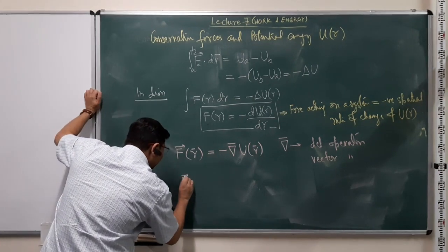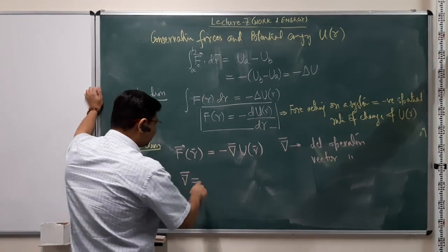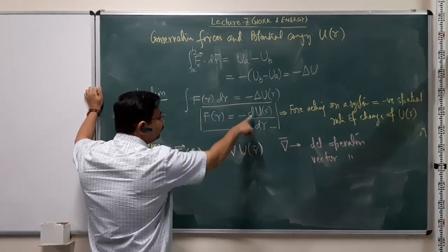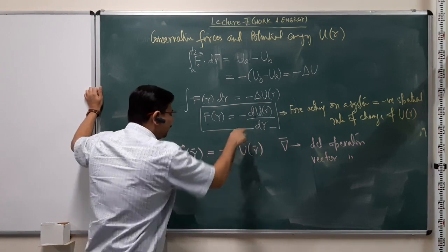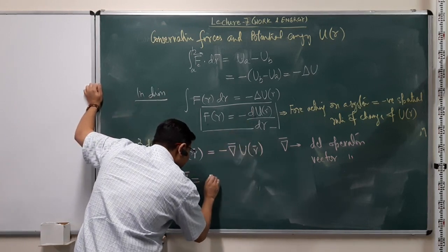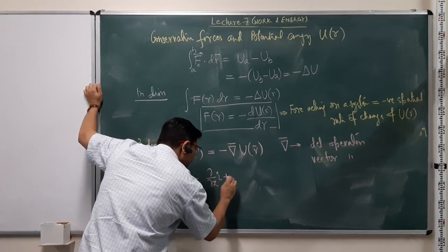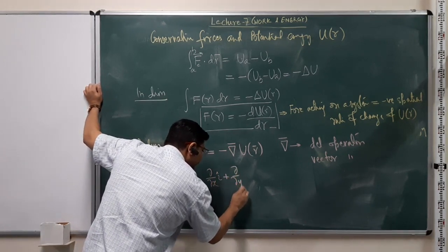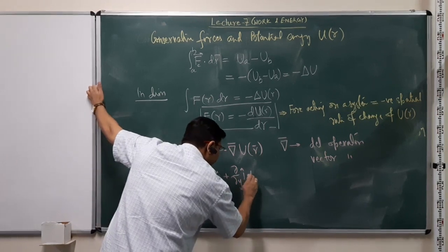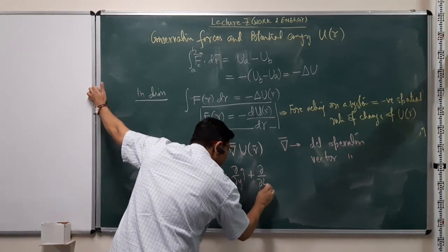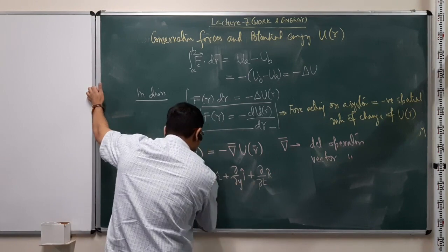The del operator is then defined as, so what is the value of this del operator? Of course, it is related to the differential in space. So it's defined as del over del x i cap plus del over del y j cap plus del over del z k cap.